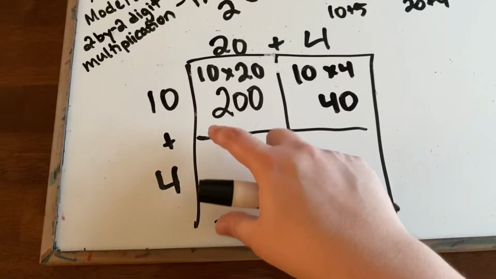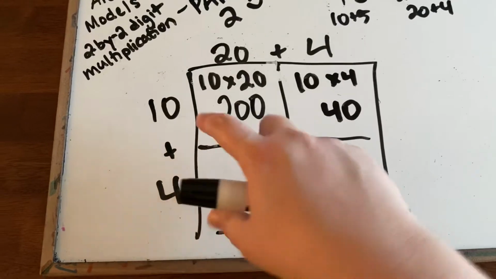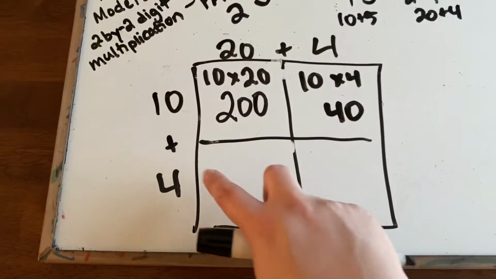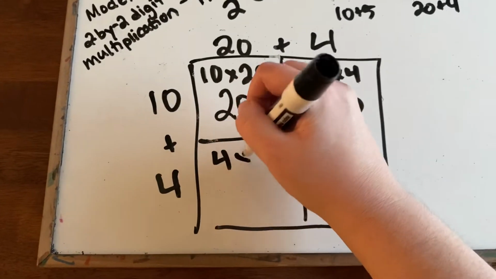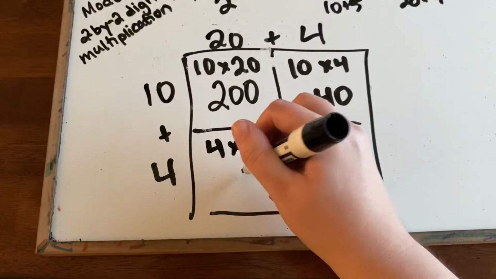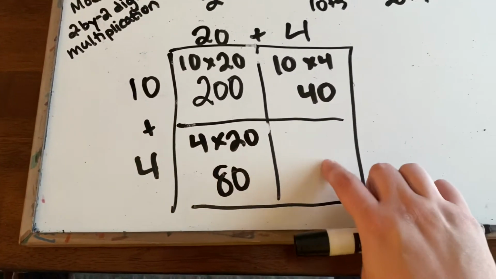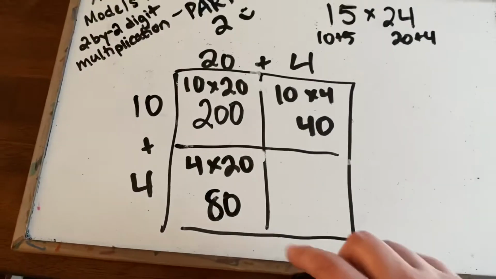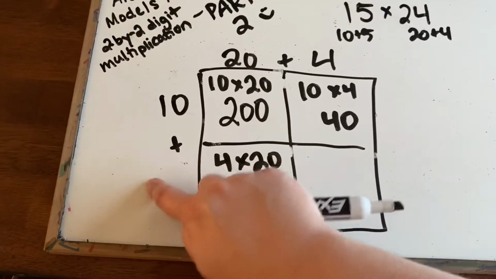And then this one's still the same thing, side times the top. The side is 4 and the top is 20. So 4 times 20. 4 times 2 is 8 with 1 zero. And the last one is the side times the top. Oh, I made a mistake. Hang on, back it up here.